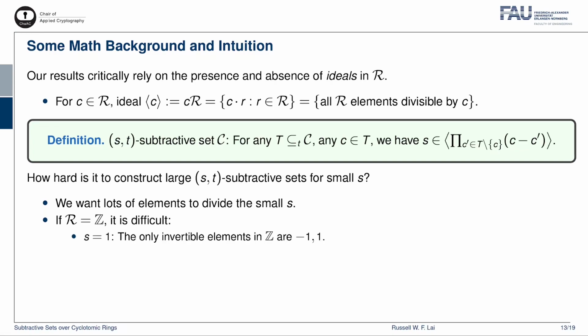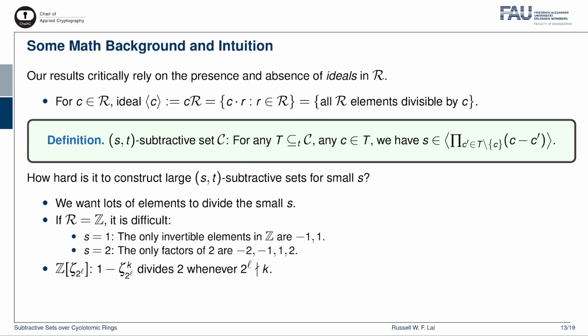For example, if s is equal to 1, we notice that the only invertible elements in Z are -1 and 1. These are the only elements that divide s, which is 1. Suppose that s is slightly bigger, namely that s is equal to 2, still the only factors of 2 are -2, -1, 1 and 2.